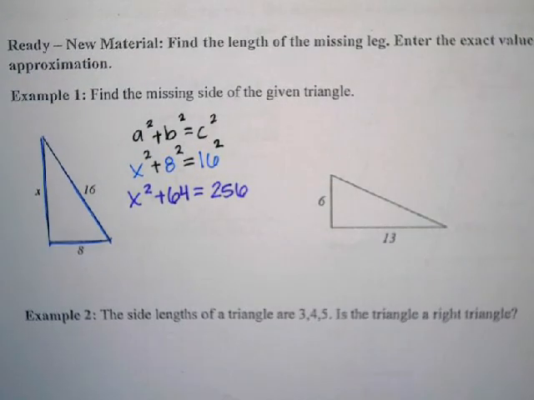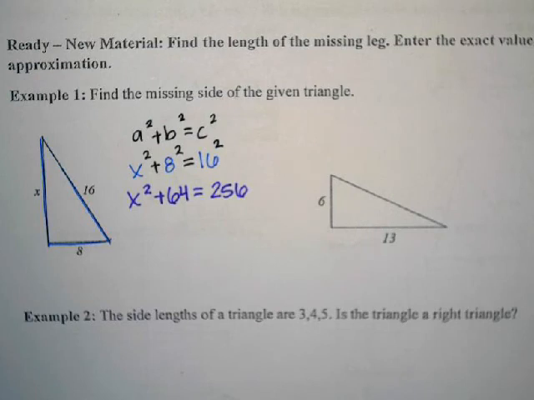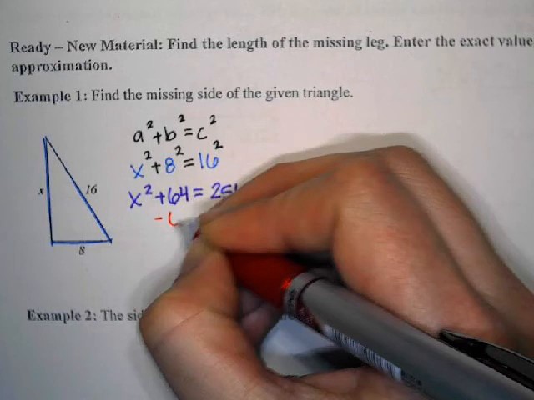Does anybody know how to get x squared alone now that I've gotten 8 squared simplified and 16 squared simplified? Subtract the 64.